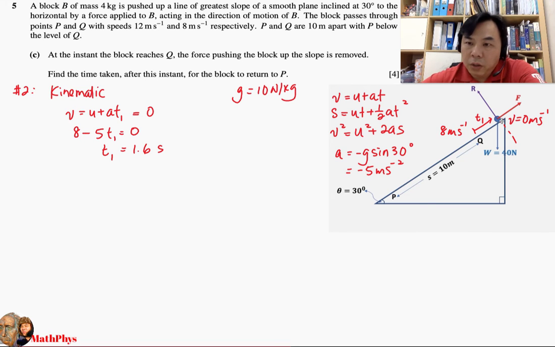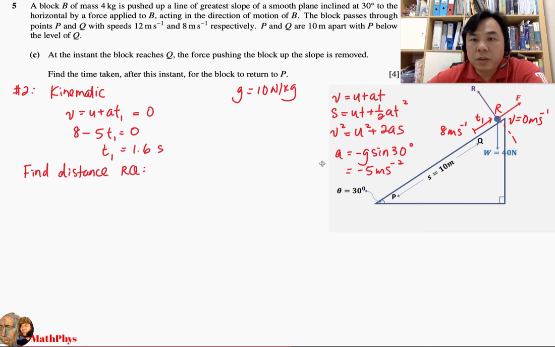Now we're going to find out how long it takes to move from here down to here. Of course, before that, we want to find out the distance from Q to the top here, so I'll label this as R. Before we do anything, it's best to find the distance RQ.